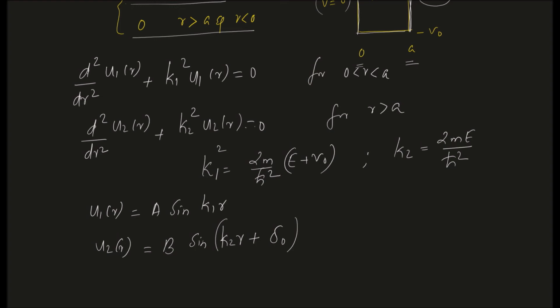Now the continuity of the wave function and its derivative at the boundary. So what is the boundary? The boundary is r is equal to a. At this boundary, let's consider the continuity of the wave functions.